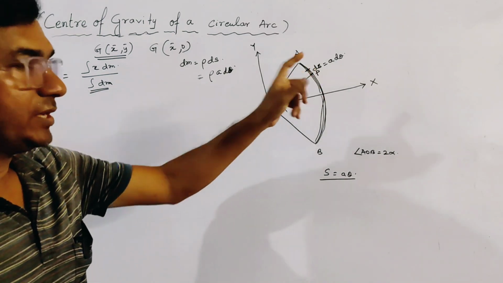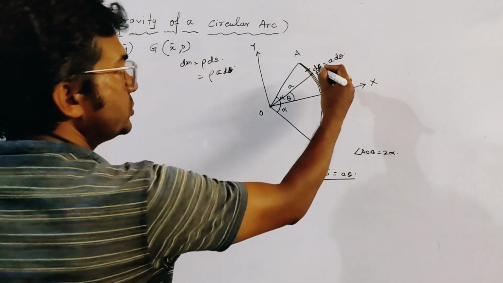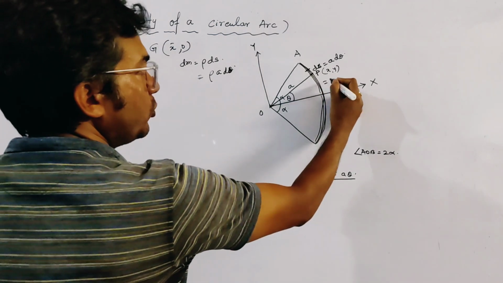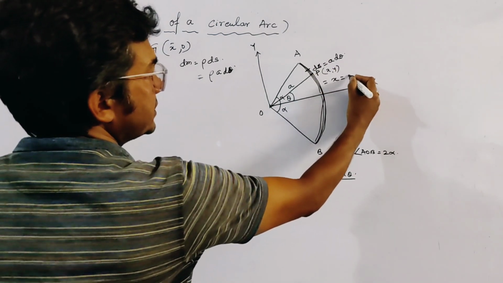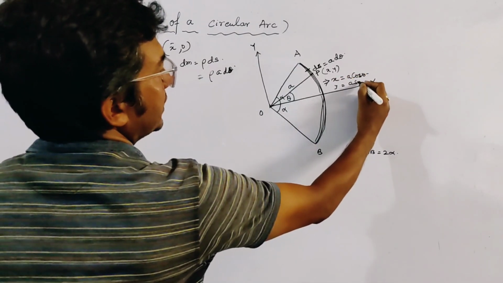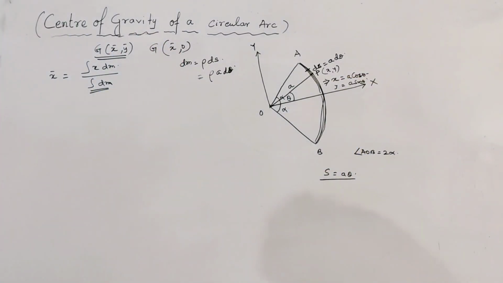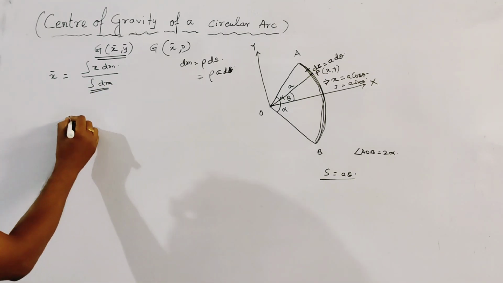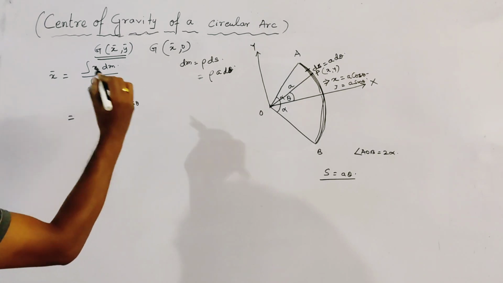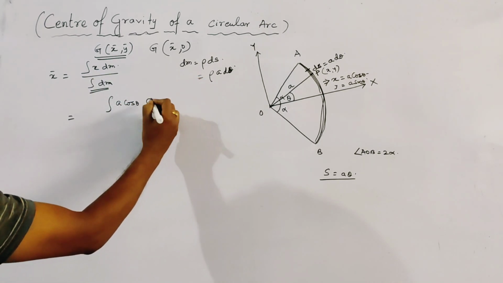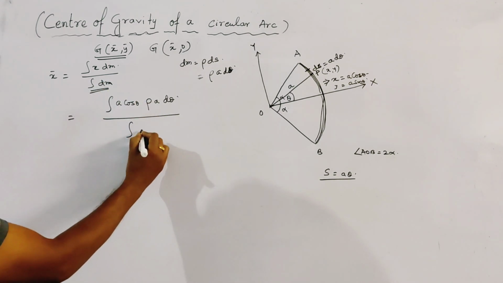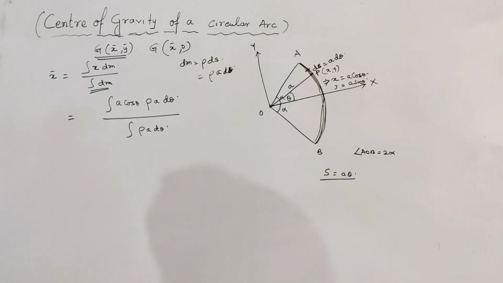Now the coordinate of this point P is x, y. In polar form we write x equal to a cos theta and y equal to a sin theta. So we put here integration a cos theta into dm, meaning rho a d theta, over integration rho a d theta.